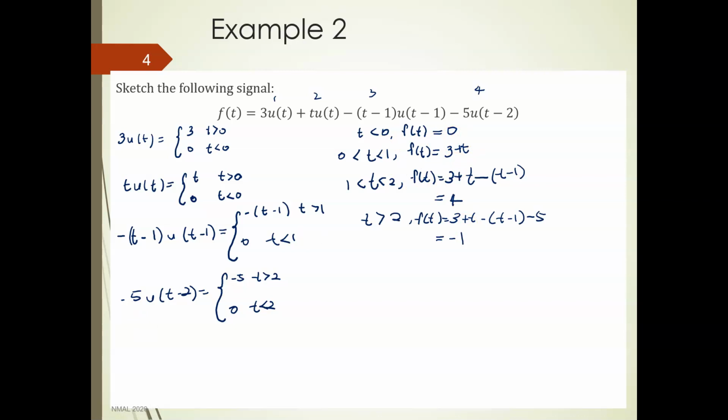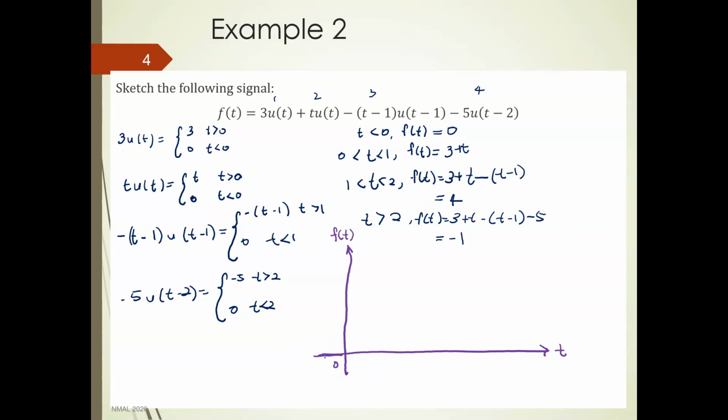0, 1, and 2. Draw the signal, which is a combination of all these step and ramp functions. When the time is less than 0, the signal doesn't have any value, so it is 0.